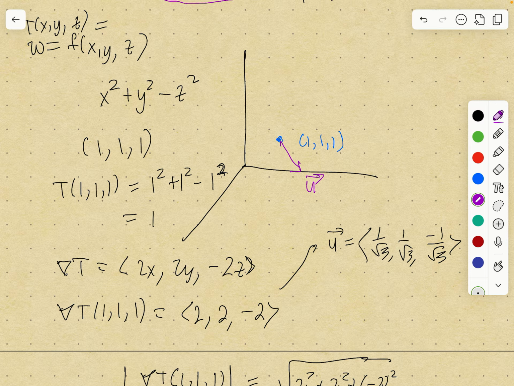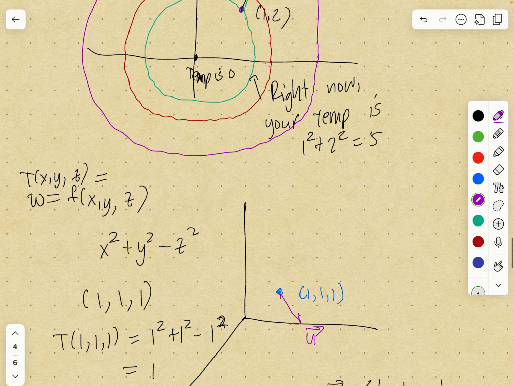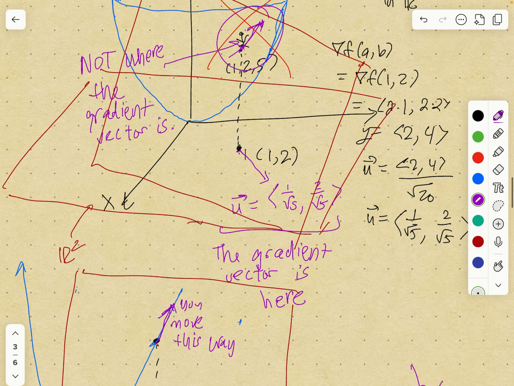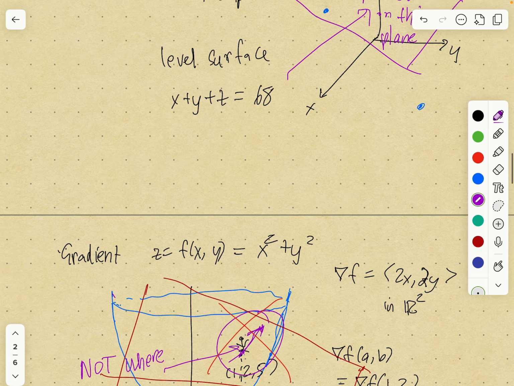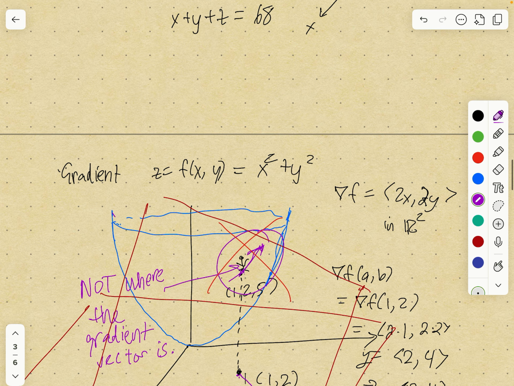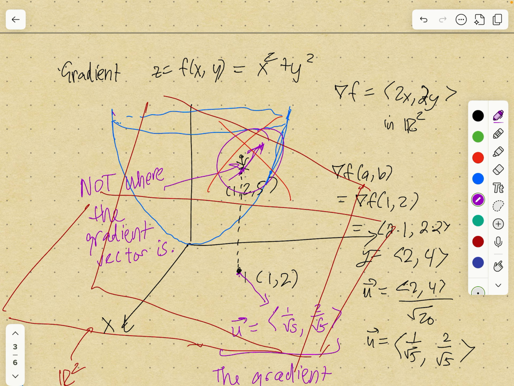So in this case, the gradient really is a vector in R3. In the temperature point of view for two variables, you're thinking of where you are as a point in R2, and the gradient vector is in R2. What's complicated about the mountain point of view is that your function is a function of 2 independent variables, but then you're thinking of yourself as a point in R3.